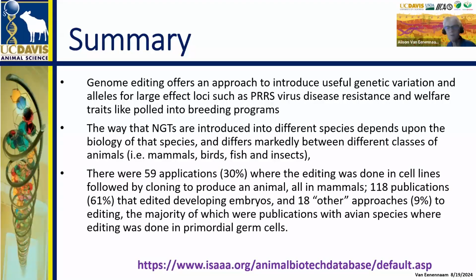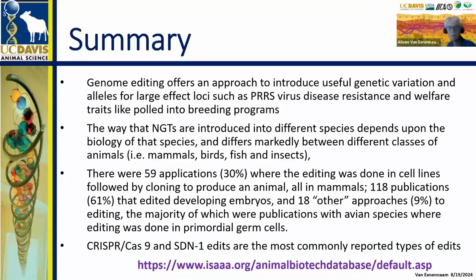When we looked at all of the peer-reviewed publications, there's about 30% where editing was done followed by cloning, which will have different implications in different countries. There was about 61% that were done in developing embryos, and then mostly chickens were done using other approaches in primordial germ cells. And if you want to look at the different types of edits, you can go to the database that's listed here again.